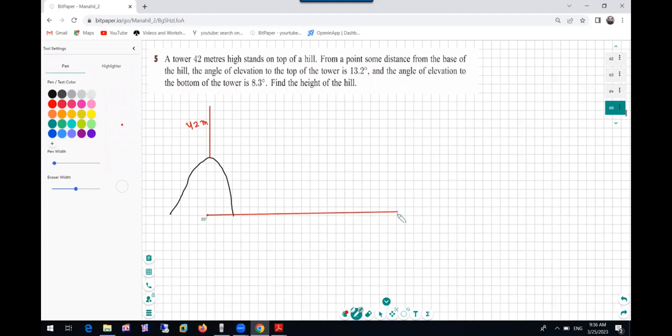Say this is the point. If we're standing at this point and I look at the top of the tower, then the angle made will be 13.2. That is the angle of elevation with the horizontal line, right? So I'm making this angle.